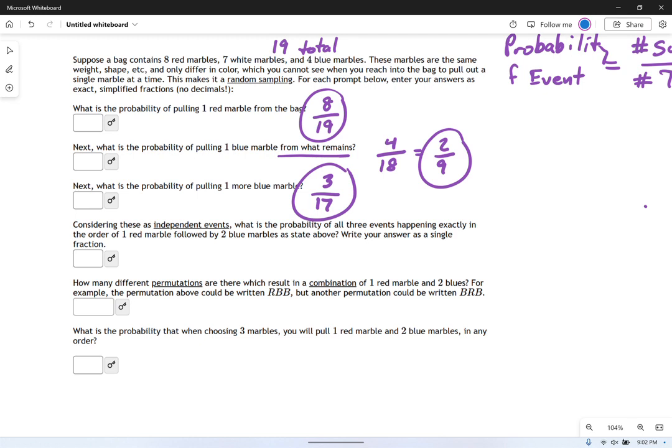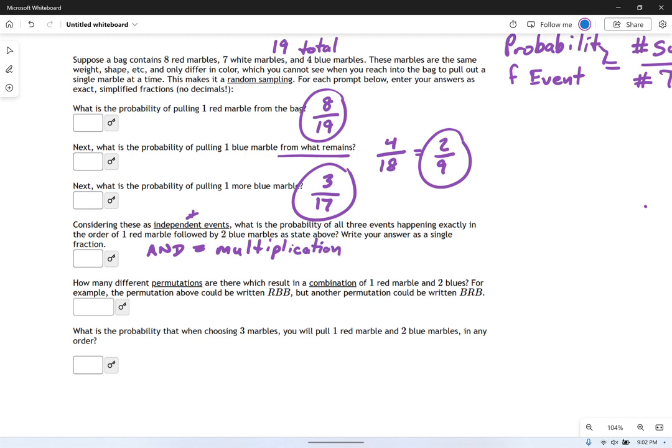Now, considering these as independent events, what is the probability of all 3 events happening exactly in the order that we went here? All you do for this, because we're talking about an and, this is event 1 and event 2 and event 3. That means we're going to use multiplication.